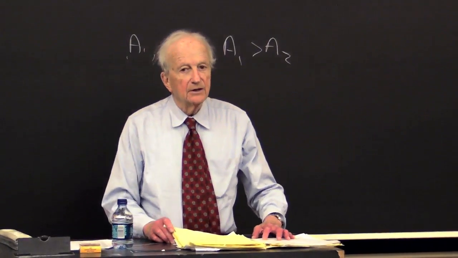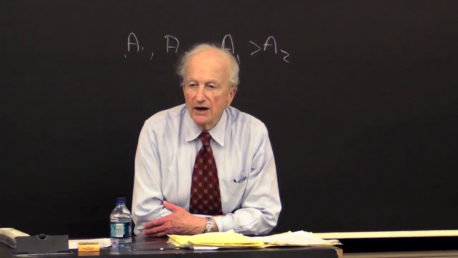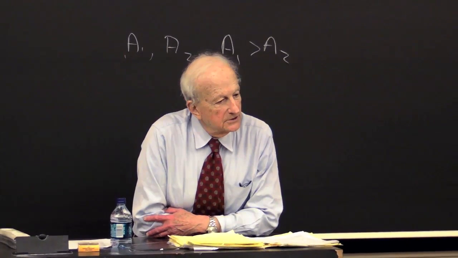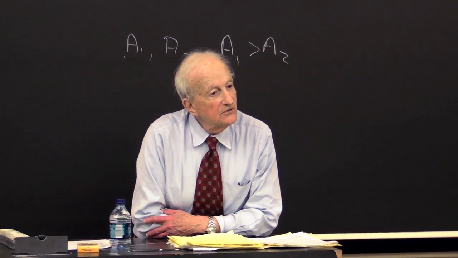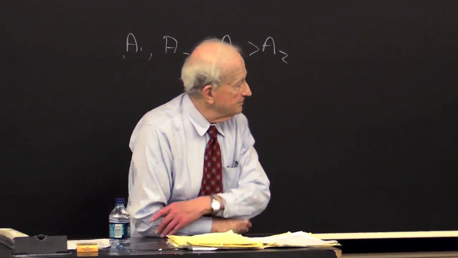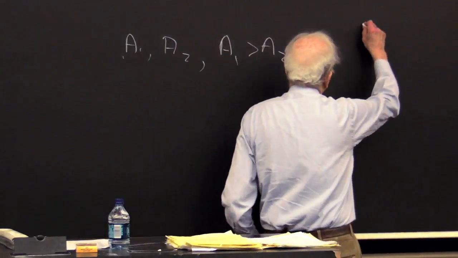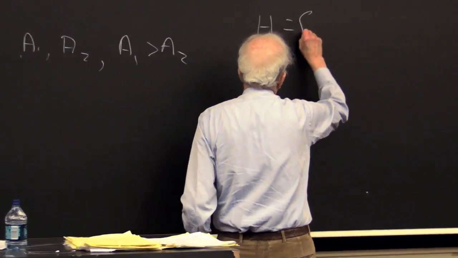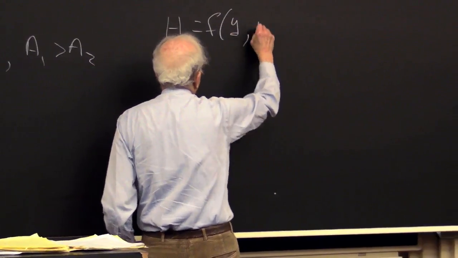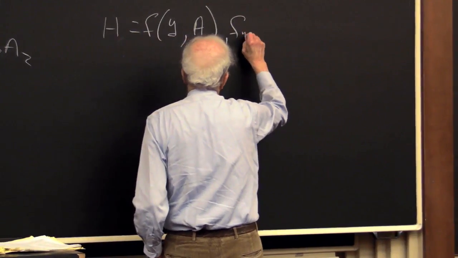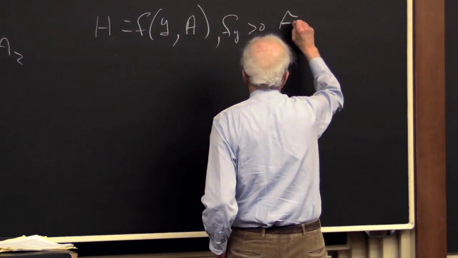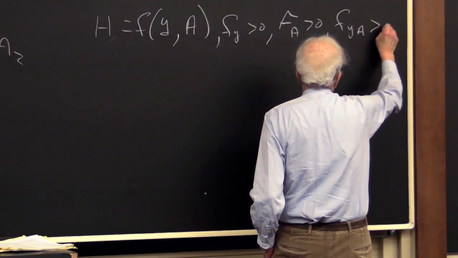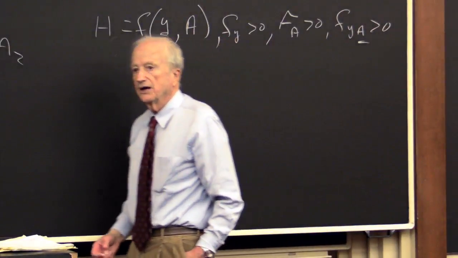So the question that arises when you have this difference in ability is, do parents invest more? Think of the investment. Here we had a simple investment function. You get a higher marginal product.